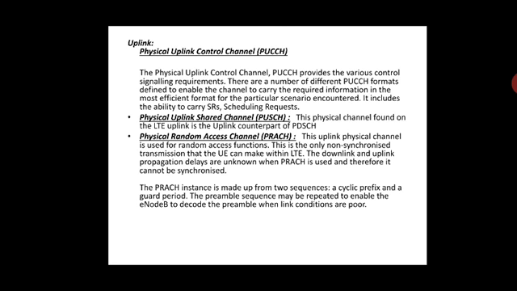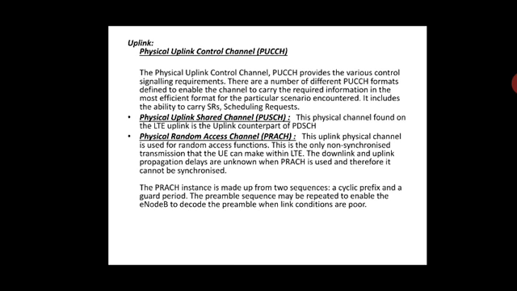A number of different PUCCH formats are defined to enable the channel to carry the required information in the most efficient format for the particular scenario. Since there are many channels available in the uplink, there is the PUSCH. This physical channel found on the LTE uplink is the uplink counterpart of the PDSCH.